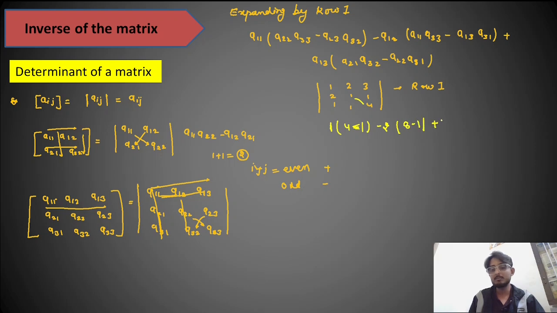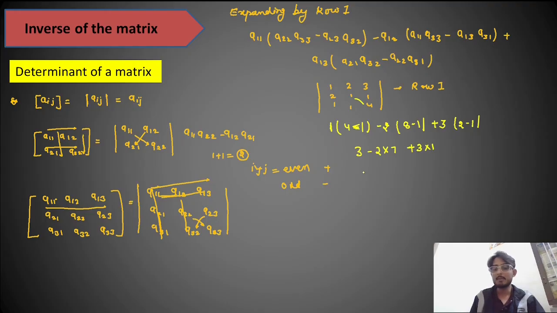Plus 3. Eliminate the corresponding row and column. You will get 2 1 and 1 1. 2 ones are 2 minus 1. So the answer is 1 into (4 minus 1), which is 3, minus 2 into (8 minus 1), which is 7, plus 3 into (2 minus 1), which is 1.